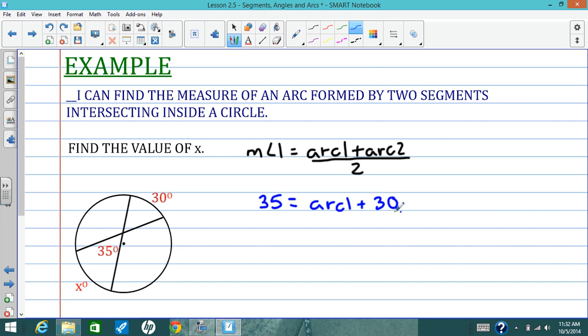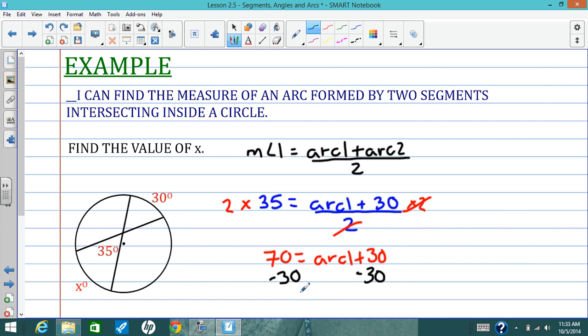The other arc is 30. We need to multiply both sides by 2 here to get rid of the 2. And then we can just keep going. We'll subtract 30. And we'll get that arc 1 is equal to 40 degrees.